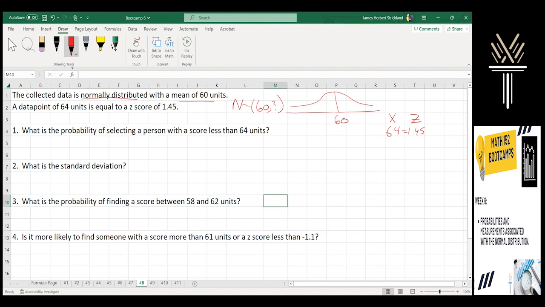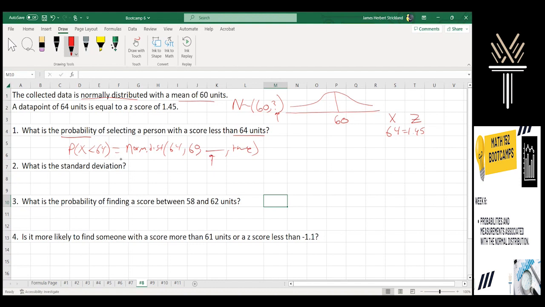Well, how in the world am I going to find the probability of this measurement then? I know I want to find the probability that x is less than 64, but I don't know the standard deviation. Normally it would be NORM.DIST of 64, our mean is 60, and then I'd write the deviation and true.